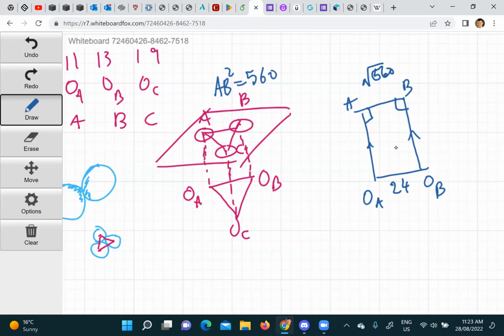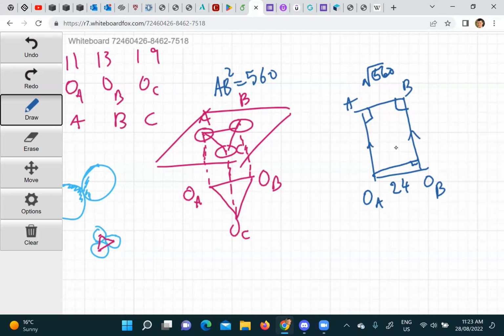So firstly, we just move AB down so that A goes to OA, because we need to do some Pythagoras. Draw lines such that it's parallel to AB, another height like this. That's still root 560. And we find the other length by Pythagoras.